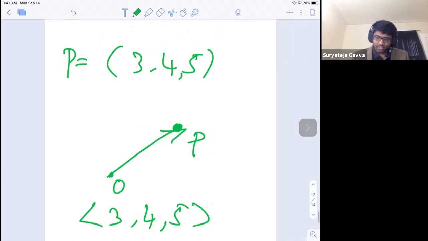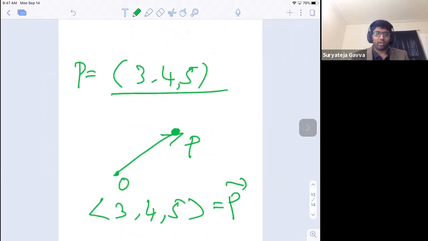The vector which has coordinates 3, 4, 5 is written P bar, which is 0 to P. So ultimately I want the coordinates 3, 4, 5, which you can write as just a point, or you can write it as a vector.